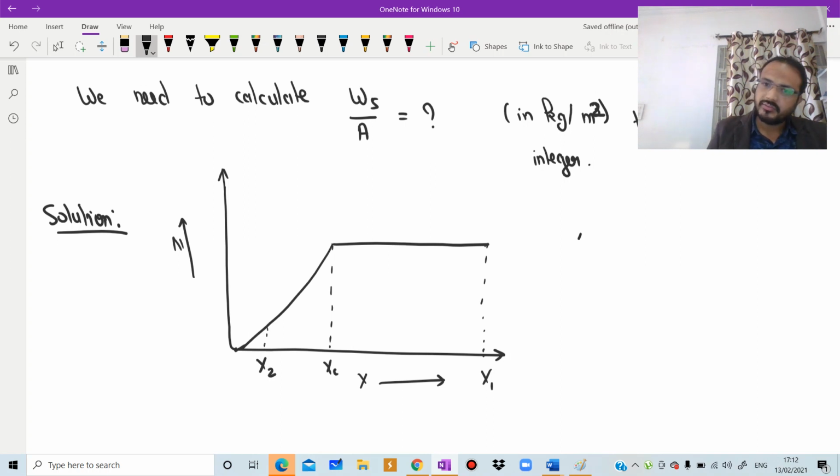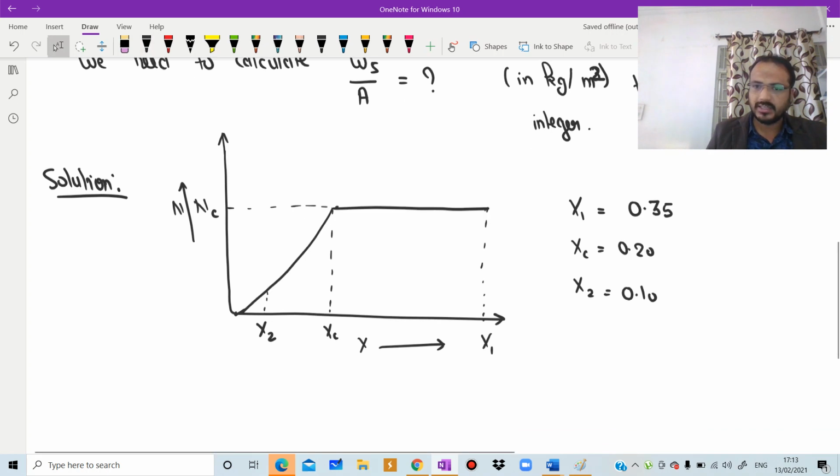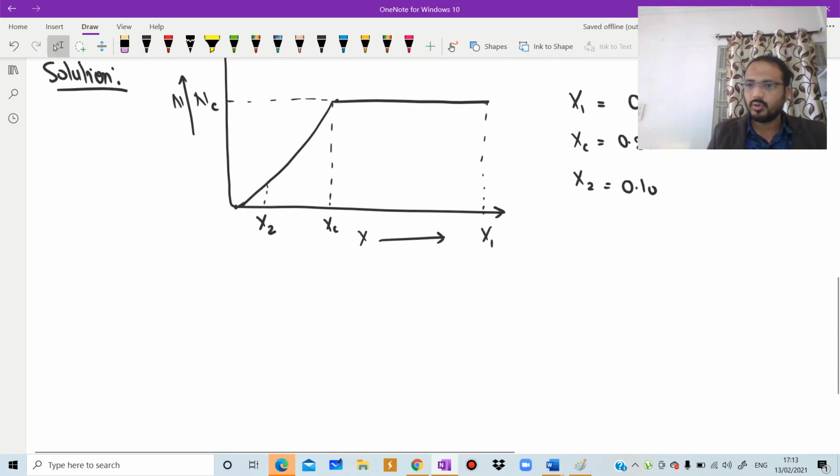We have the value of x1 as 0.35, the value of xc as 0.20 with rate Nc, and the value of x2 as 0.10, all given on dry basis. We need to calculate the total time.